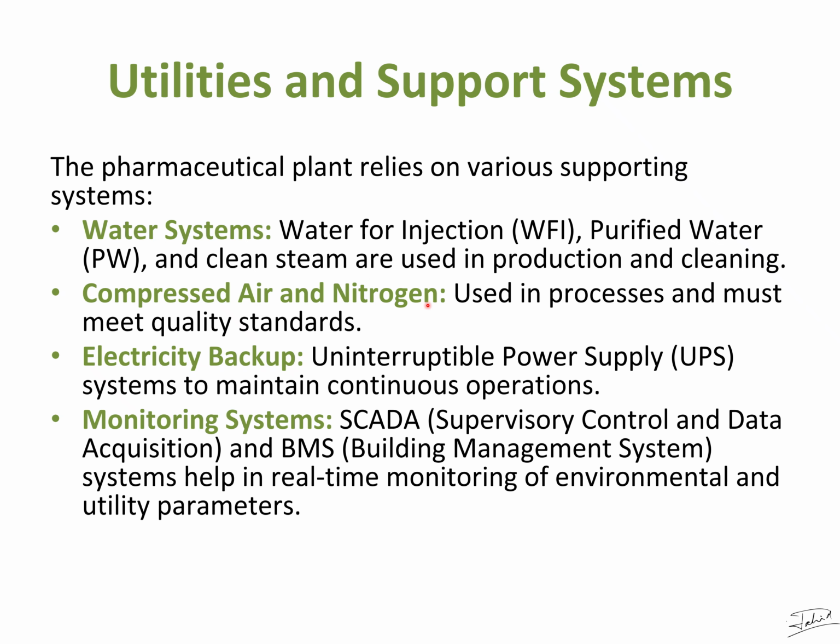Then compressed air and nitrogen used in process must meet quality standards. Then electricity backup, a UPS system to maintain continuous operation. Then monitoring systems: SCADA, that is supervisory control and data acquisition, and BMS, building management system, help in real-time monitoring of environmental and utility parameters. So these are the overall engineering or electrical systems which are also important for layout design.